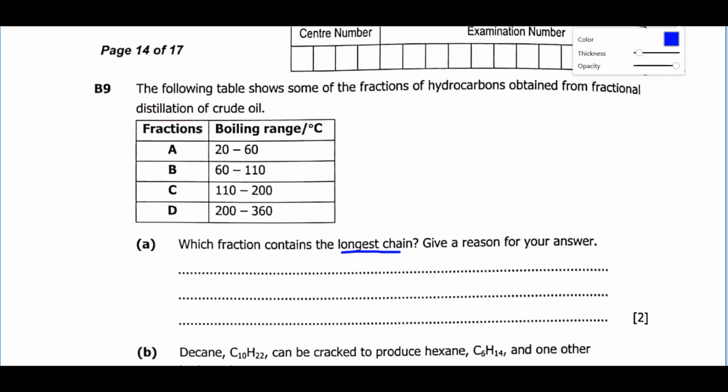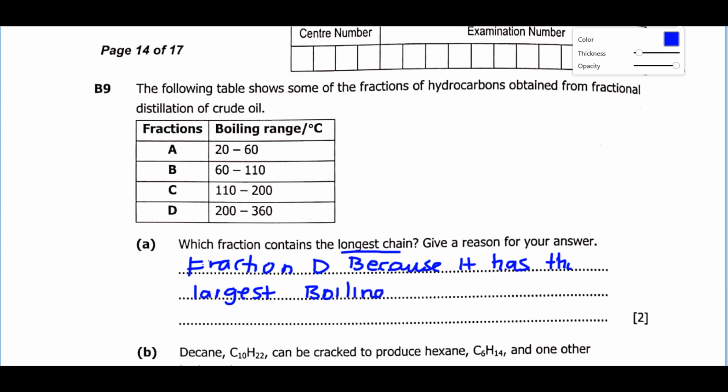So we'll say fraction D. Reason: because it has the largest boiling point.